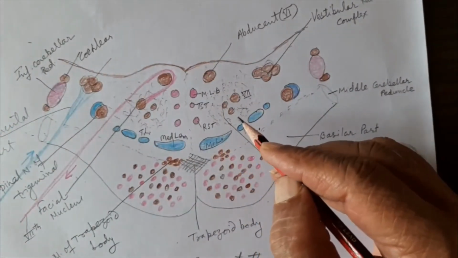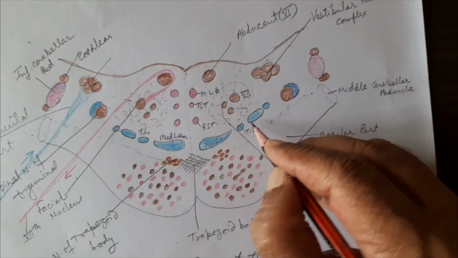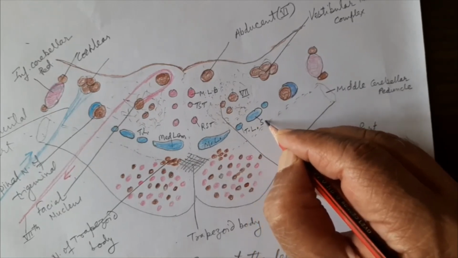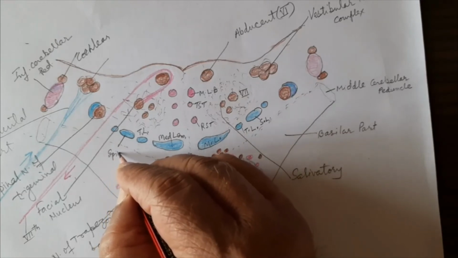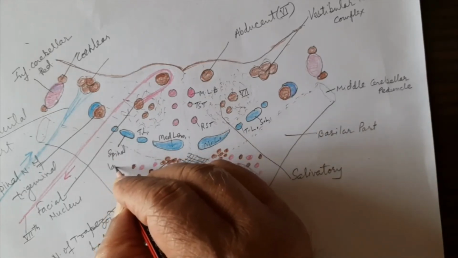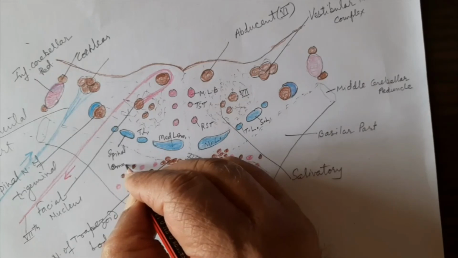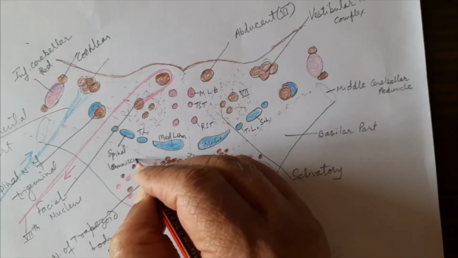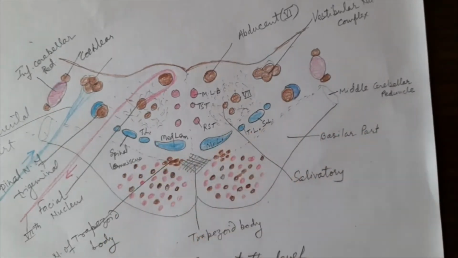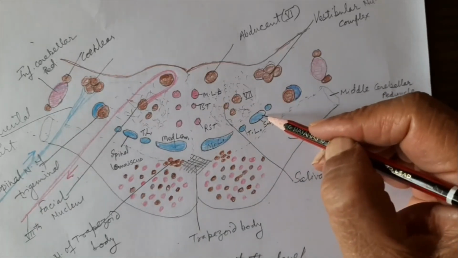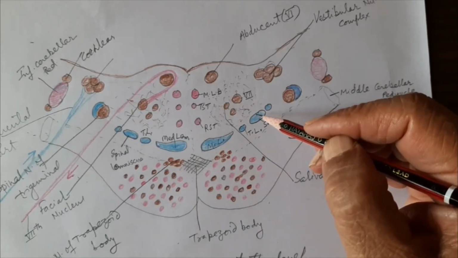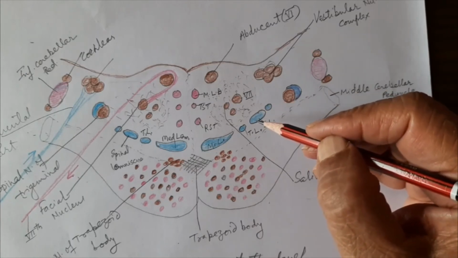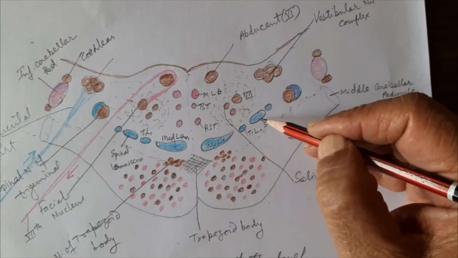Now lateral to this trigeminal lemniscus is the spinal lemniscus, SL, I am just writing here, spinal lemniscus. We are seeing that this spinal lemniscus is nothing but the lateral spinothalamic tract.